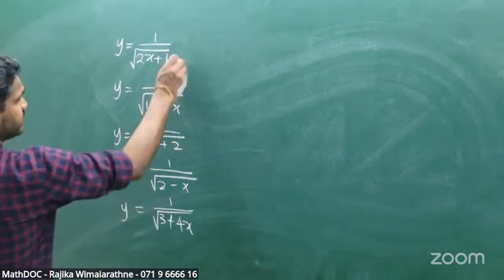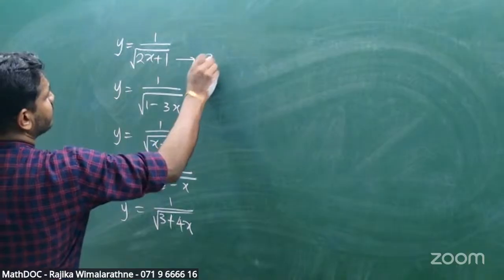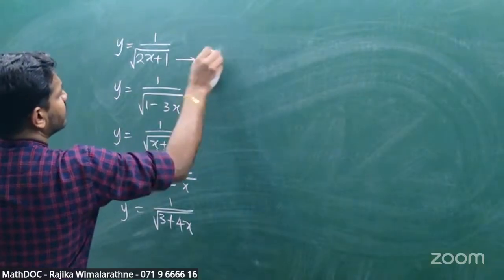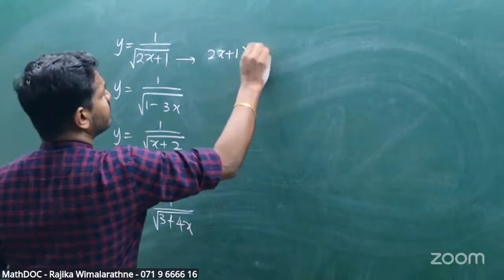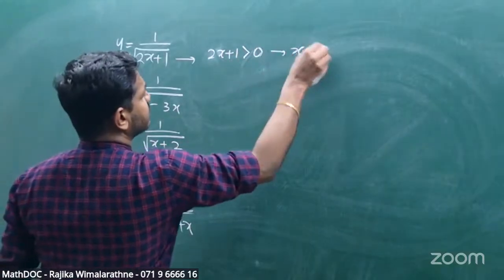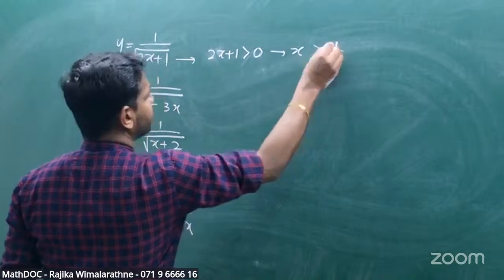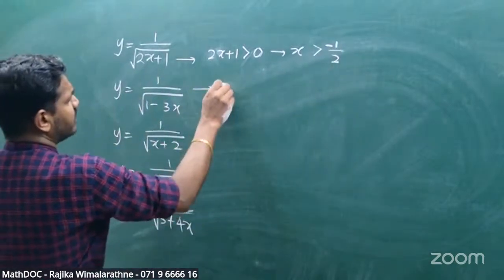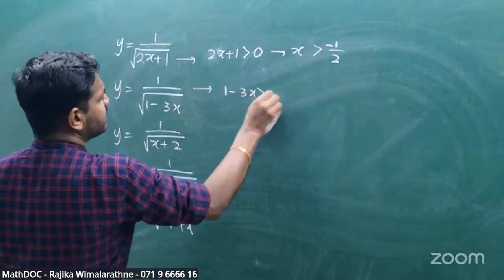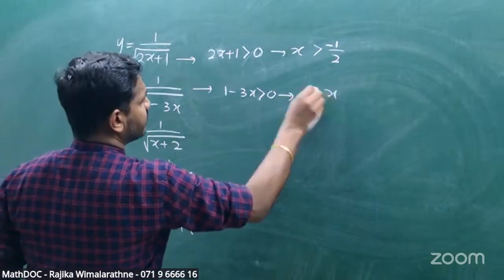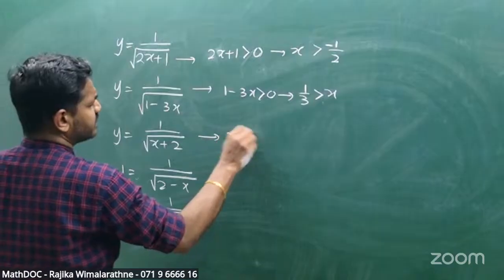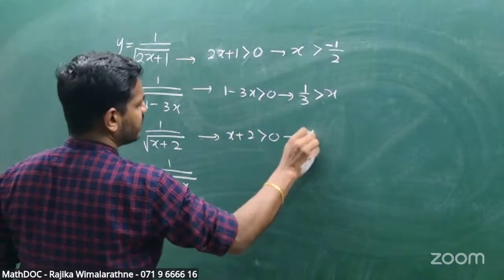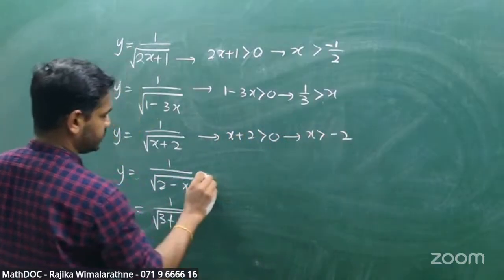Okay, check your answers. 2x plus 1 greater than 0, then x greater than minus half. Here 1 minus 3x greater than 0, x less than 1/3. Here x plus 2 greater than 0, x greater than minus 2.